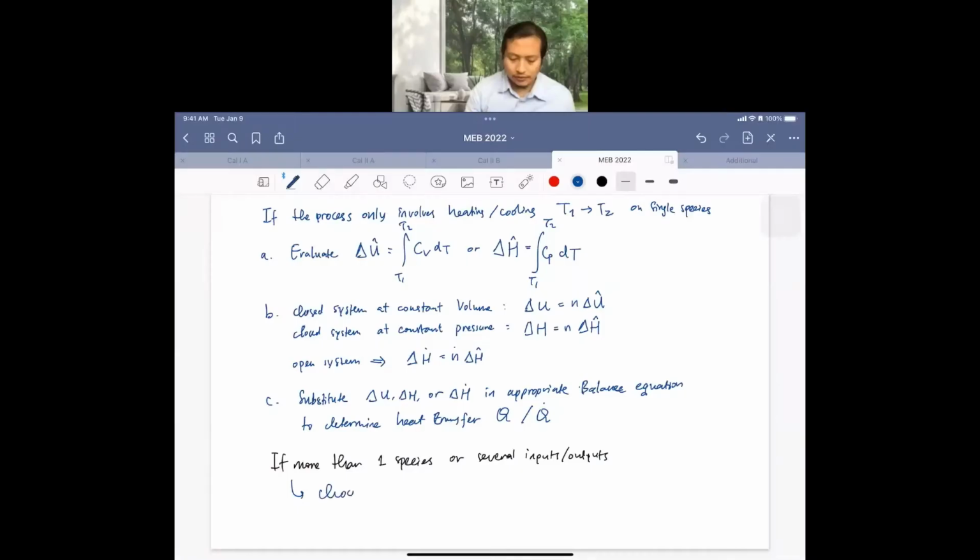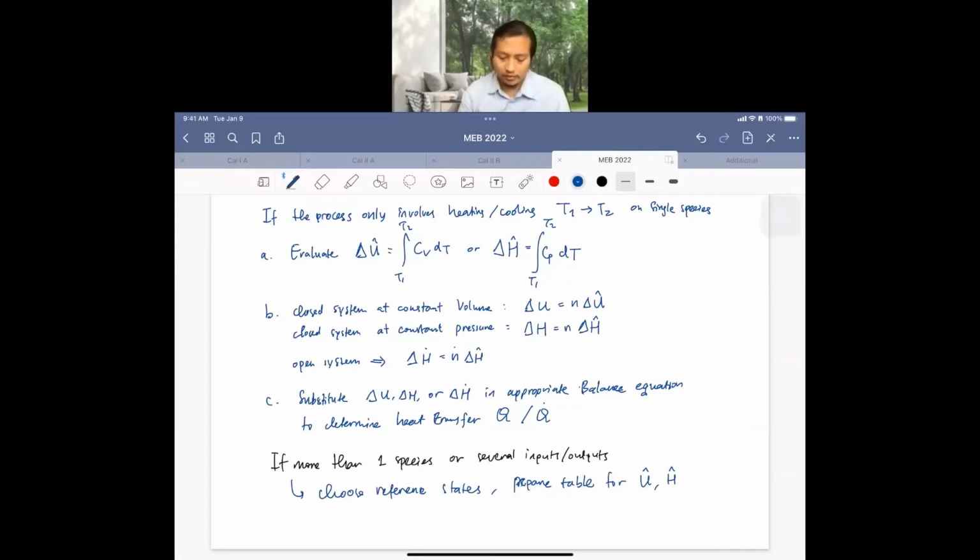So first is choose reference state, and then prepare a table for the internal energy or specific enthalpy, okay, and it depends on open system or closed system.